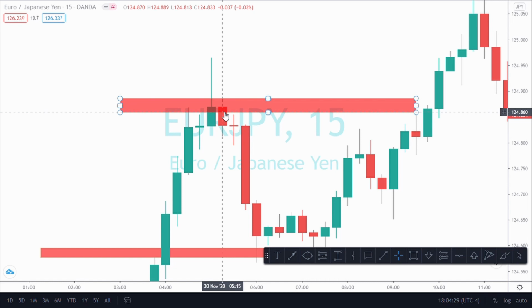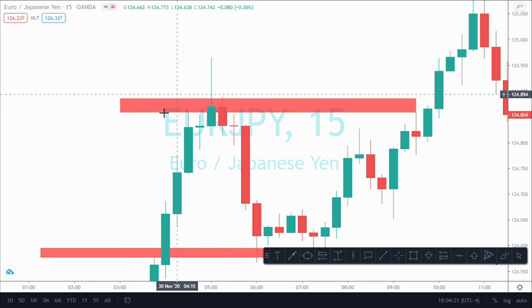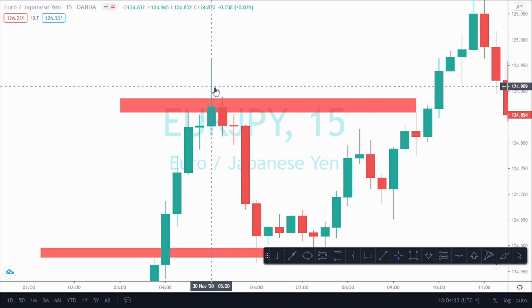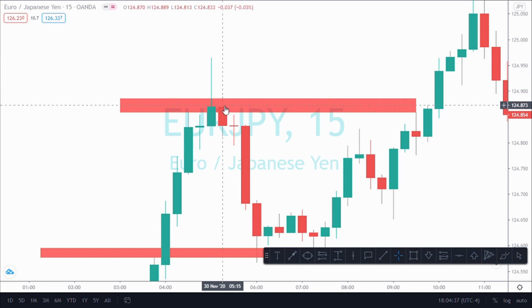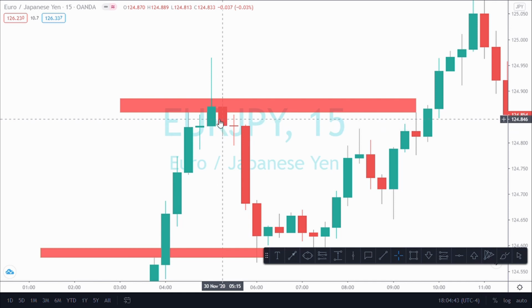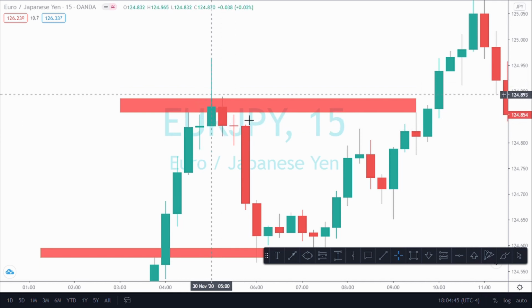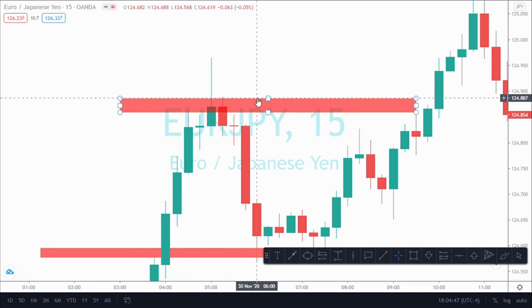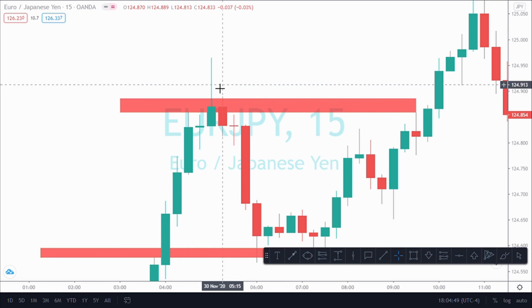If you guys remember, there's this big wick right here, and you notice that it closes right there outside, and you haven't seen any other price go up here.